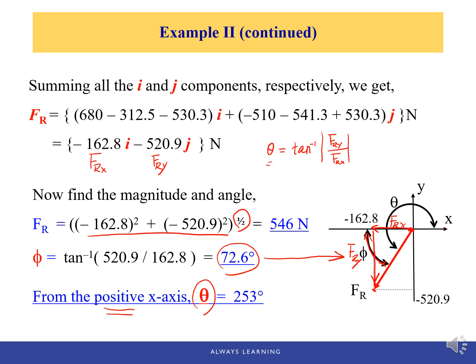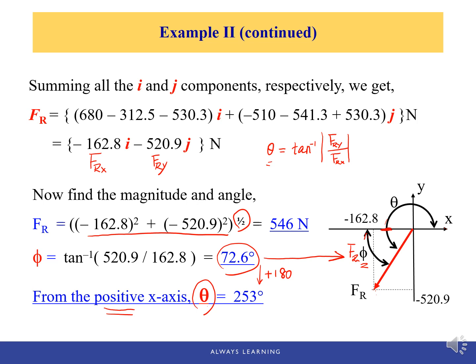Which means you need to do some kind of calculation to find a relation between the phi and theta. Based on the sketch, let me clear it a little bit. We can find the relation easily, right? This theta angle actually equals phi plus 180, and you will get the theta angle.